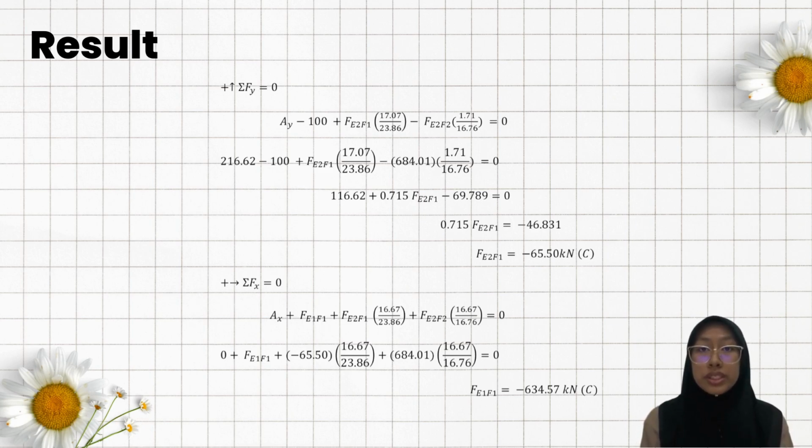The final equation is Fx equal to 0, so the force for E1 F1 is equal to negative 634.57 kN, in compression.